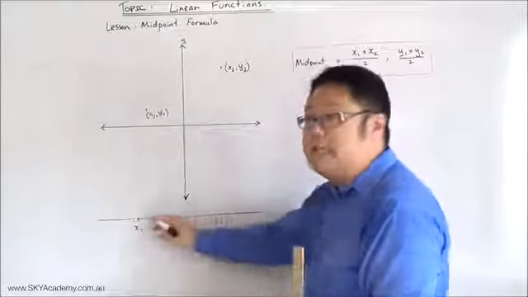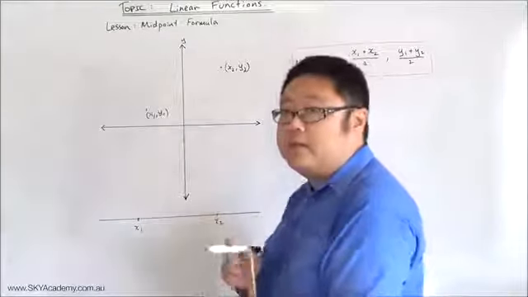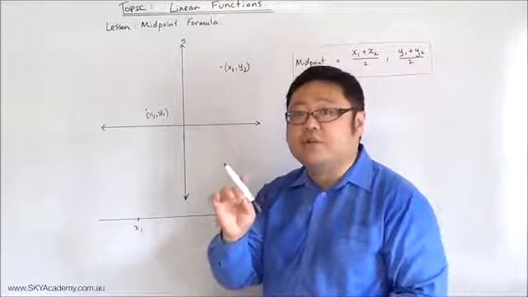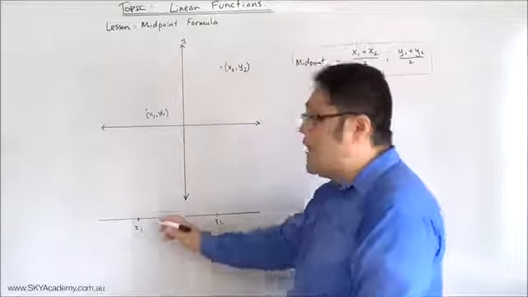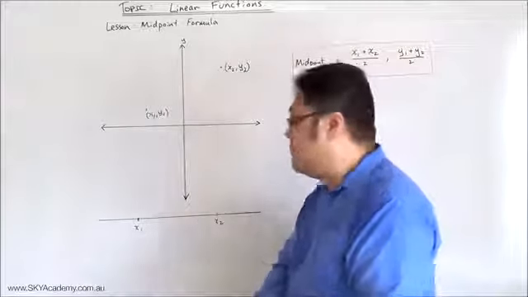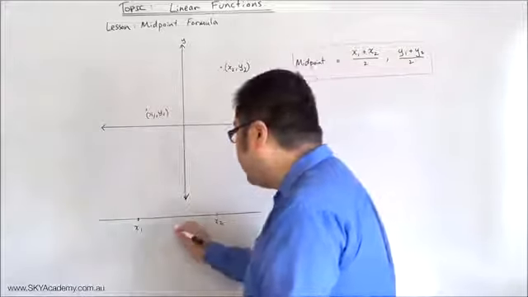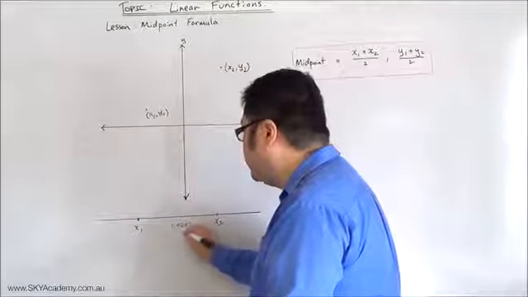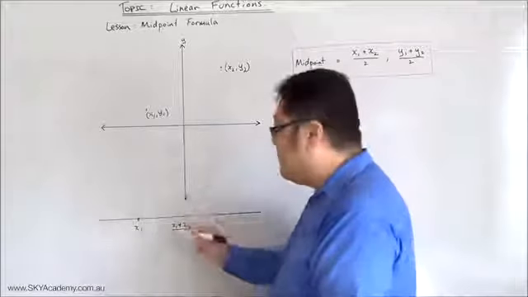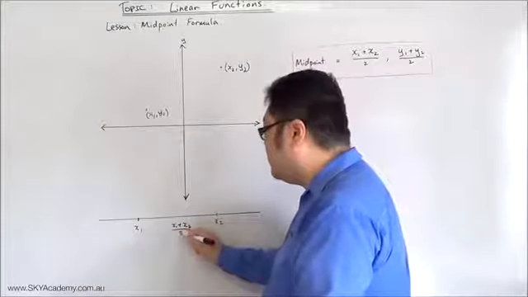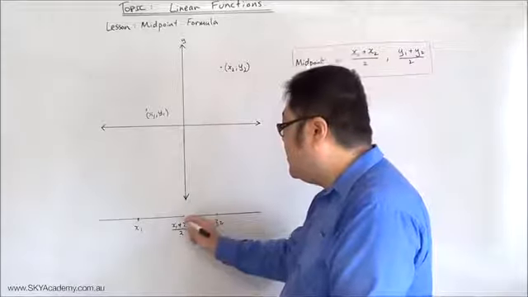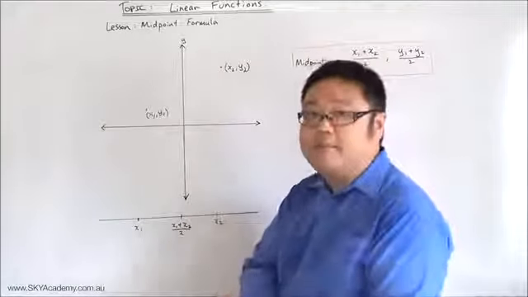The middle distance between these 2 points will actually be the average of those 2 points. Average meaning you add up all the numbers and then divide by the number of numbers. So, add up all the numbers, x1 plus x2, and then all over the number of numbers, 2 numbers, so it'll be 2. So it'll be the average of those 2 numbers, and that will be the halfway point between them.